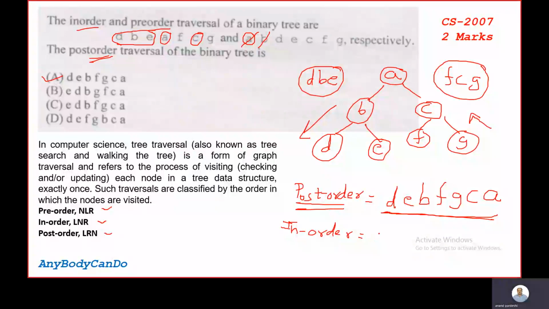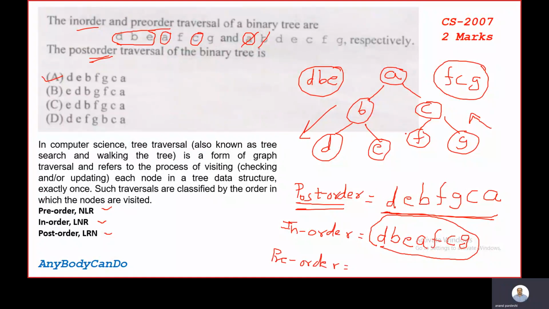In this in-order traversal, first we will visit the left part, which is B, B's left, which is D. So first I will visit D, then I will have B, then I will have E, then I will visit A, then I will visit F, then I will visit C, and then I will visit G. In the question they have given this only: D, B, E, A, F, C and G, and they have given the pre-order also.